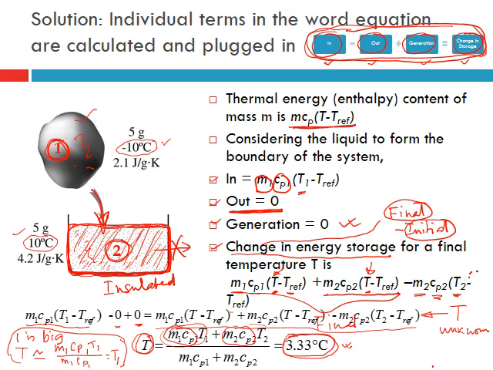If this body is so big, it's got so much mass, then when it is brought in contact with 2 and you leave it for enough time, then the final temperature will be this temperature. So this formula, the way we have the final temperature, kind of makes sense. Most importantly, the final temperature came by simply doing an energy balance, and energy balance is simply a statement of conservation of energy, and this is the word equation for it.